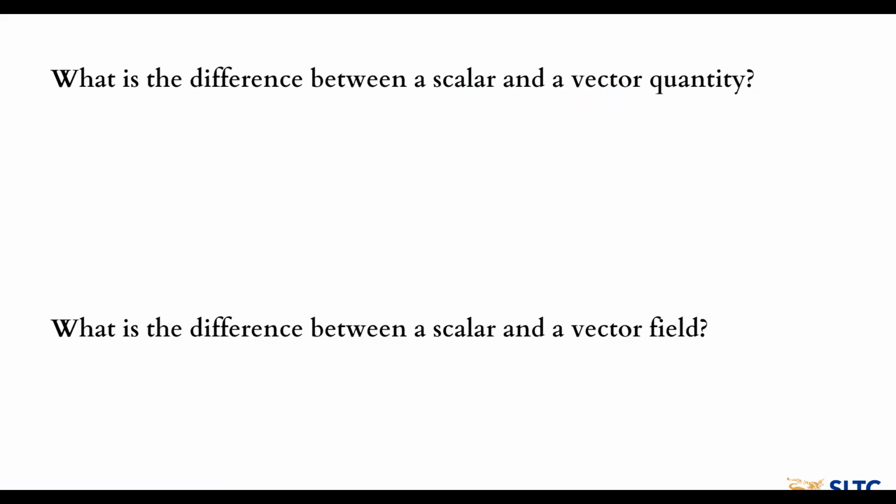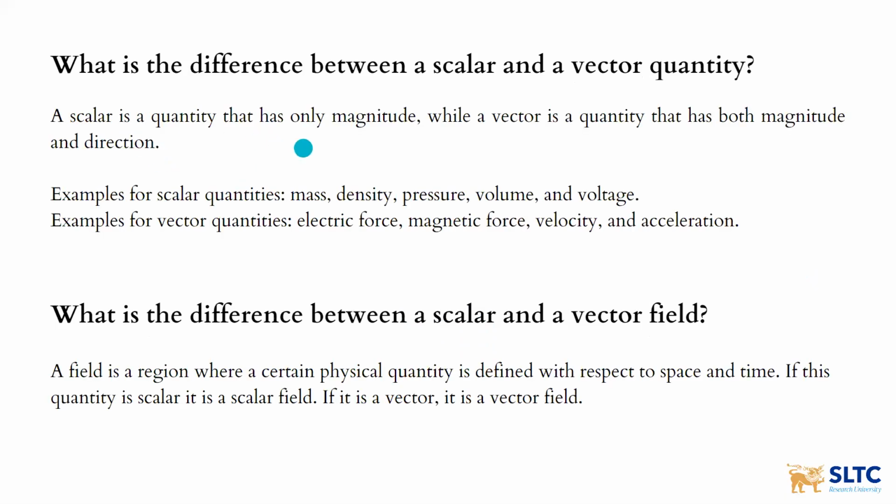Once we take the difference between scalar and vector fields, in a scalar field the field is defined by scalar physical parameters. A scalar is a quantity that has only magnitude.